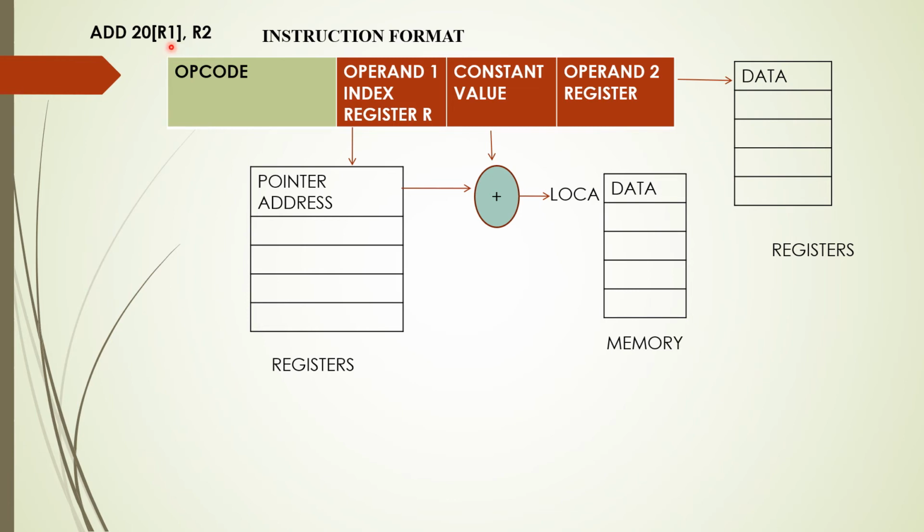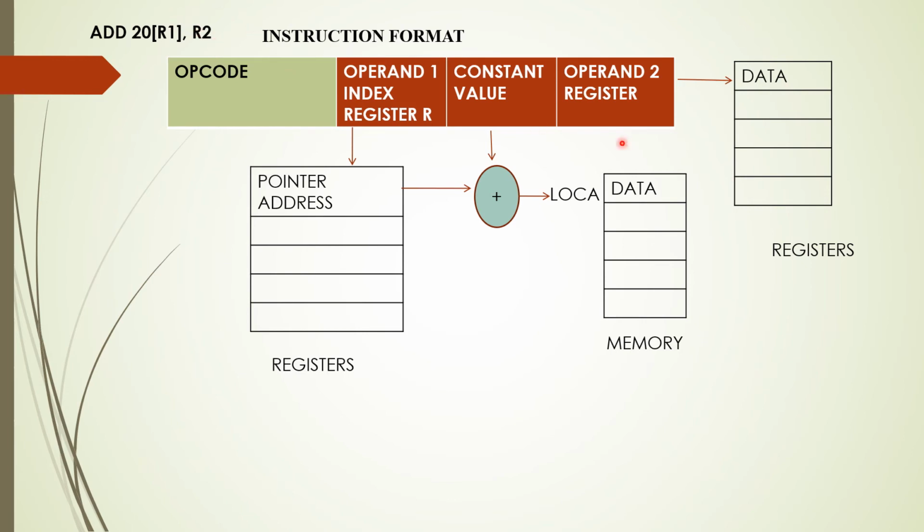Here R1 is represented in square brackets, representing a part of the memory address. Now, in the instruction format, we can make out very easily, there is an opcode. Operand 1 is a combination of the index register and the constant value. So in this example, operand 1 takes the value 20 and R1. Then operand 2 is a register.